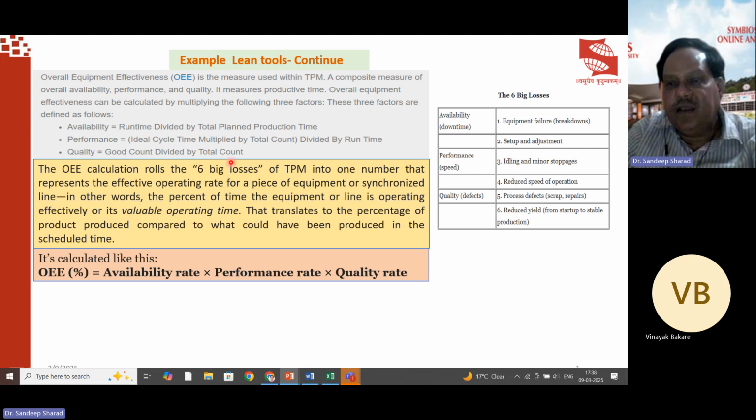Availability is the equipment failure, breakdown, downtime. That is, we are going to calculate six big losses: setup, adjustment, performance, idling and minor stoppages, reduced speed of operations, quality defects, process defects, scrap and repairs, and reduced yield from startup to stable production.